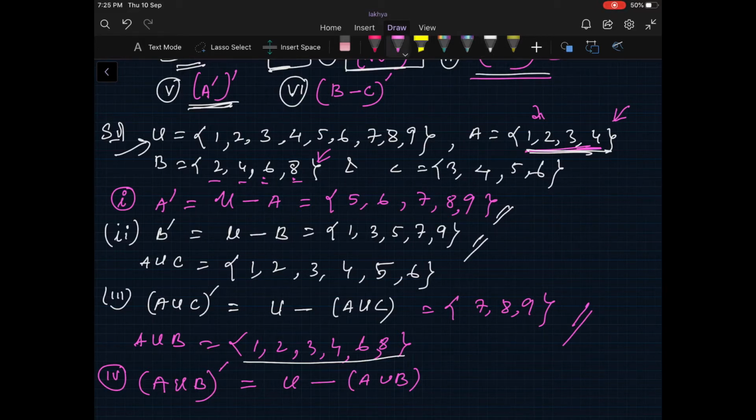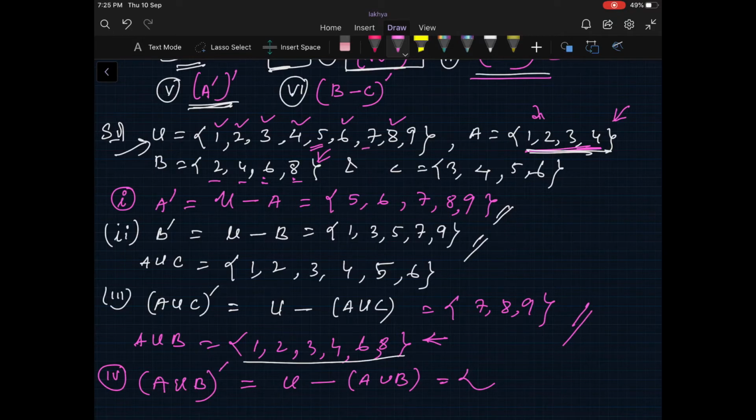So A union B is 1 2 3 4 6 8. What are the elements in the universal set which are in A union B? 1 2 3 4, 5. 5 is not in A union B. Then 6 and 8. So let's eliminate those elements.